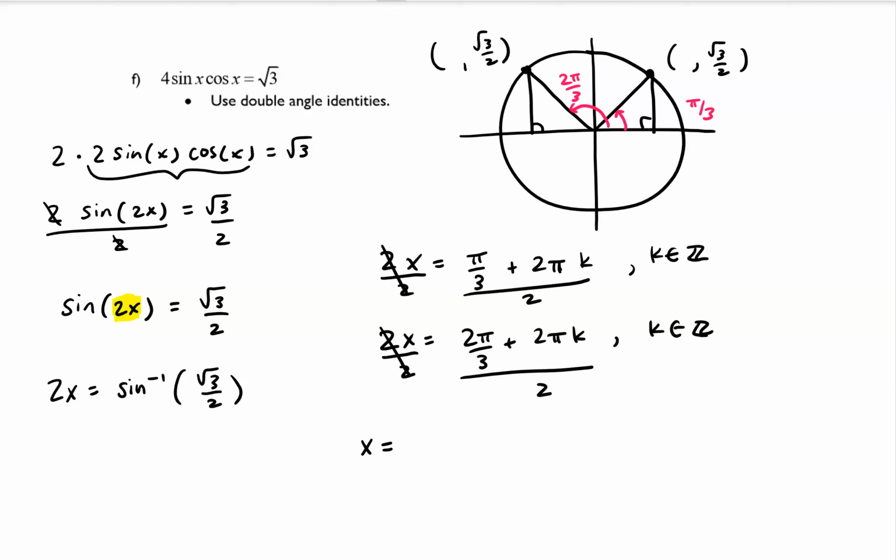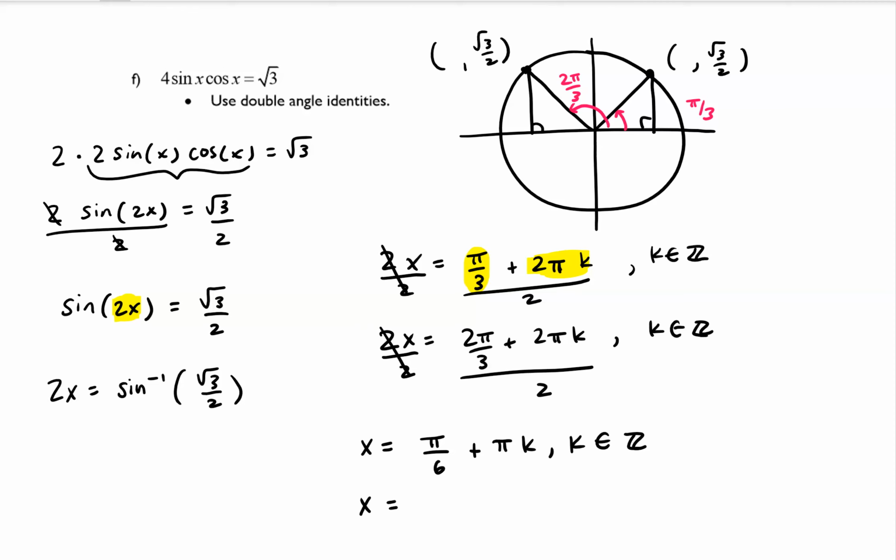So here, I need to divide pi over 3 by 2, and I also need to divide this by 2 as well. And if I do that, that's going to end up giving me pi over 6 plus pi k, where k is an integer.